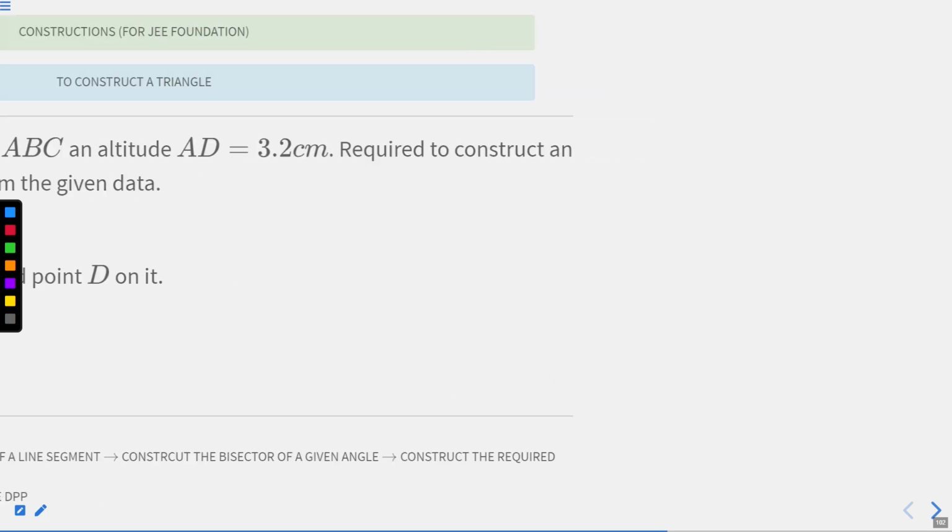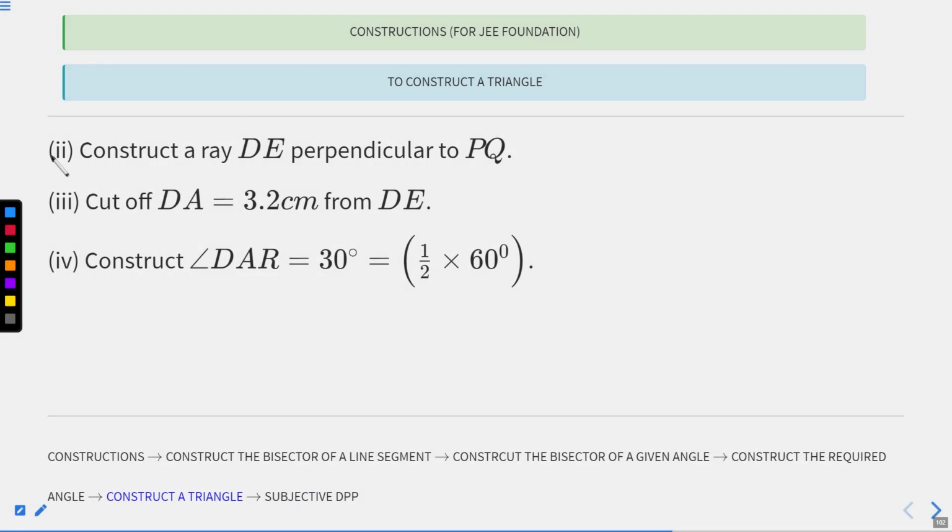Now the second step says, if PQ was drawn like this, and point D was anywhere on it, construct DE perpendicular to PQ.